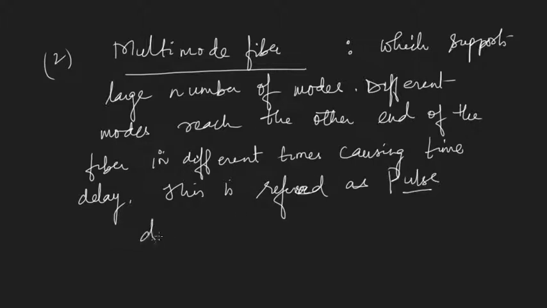When different modes travel with different times inside the fiber, there is a time delay in the signal, and this is referred to as pulse dispersion.